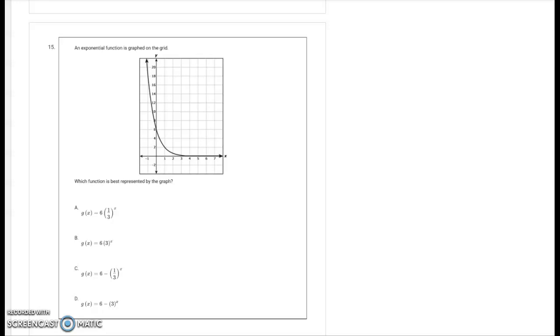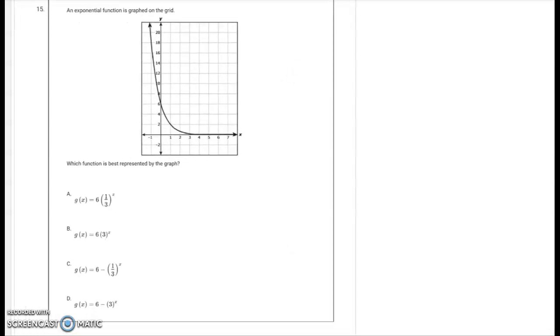Okay, once again, guys, you could type your answer choices into Desmos. Type in those equations and see which one matches this graph. First of all, the y-intercept is 6. Okay, right there at 6. So if there's a minus or a plus between it, that is not an exponential function. If you look at it, there should not be a plus or a minus between the a or the b.